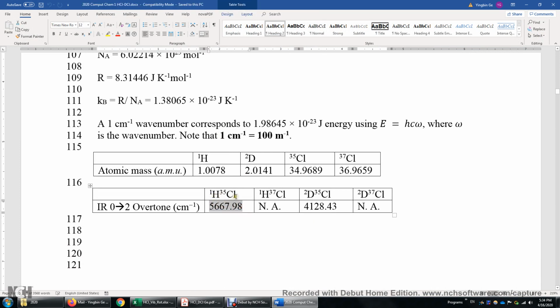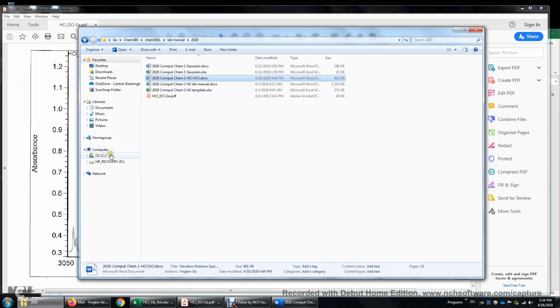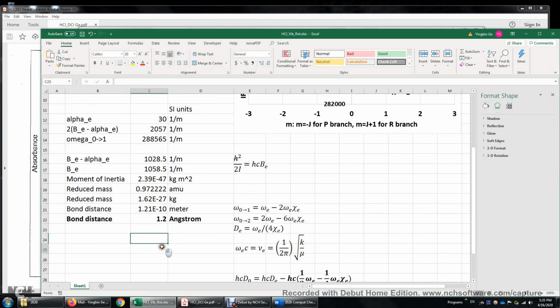Again, this is HCl-35. Later, you will work on this DCl-35. So let me just copy this number first. Again, the unit is inverse centimeter. I'm going to convert it to inverse meter.